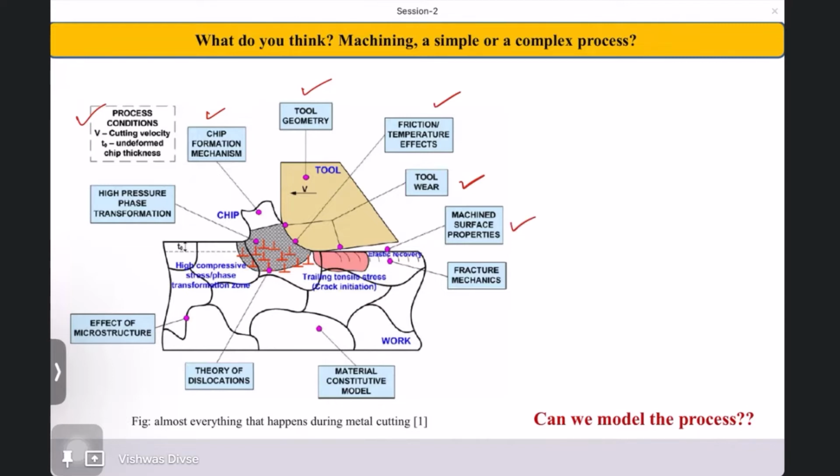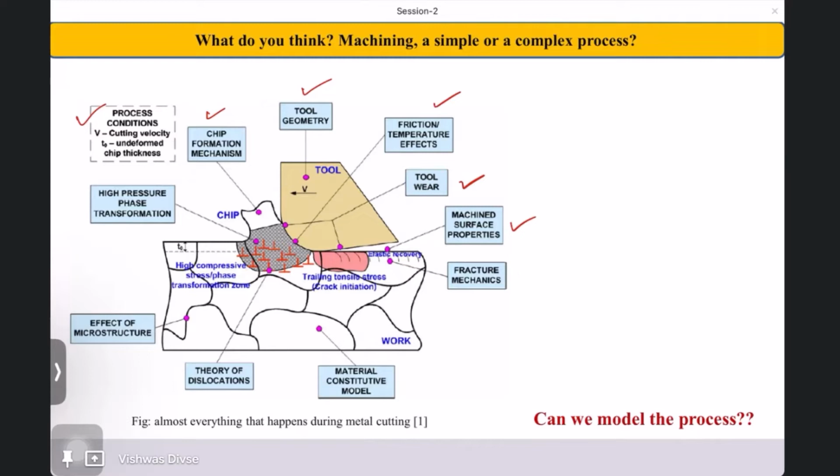Whether I am really trying to capture the machined surface properties. Once my cutting tool removes the unwanted material, what will happen to the finished surface? If there are any cracks, any damage on the machined surface, how is the surface finish?